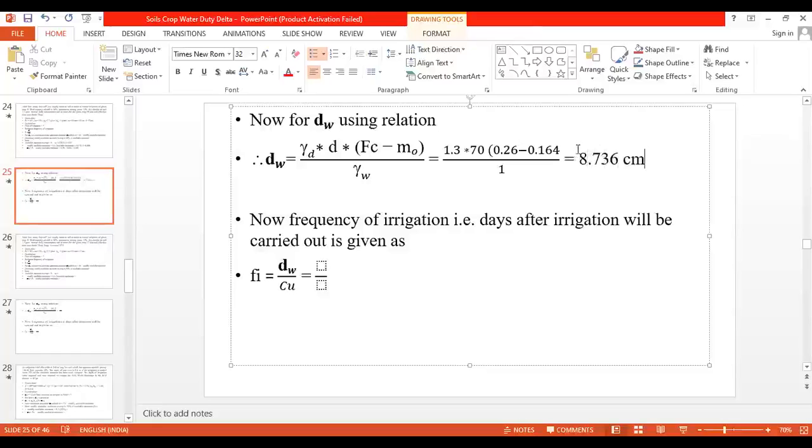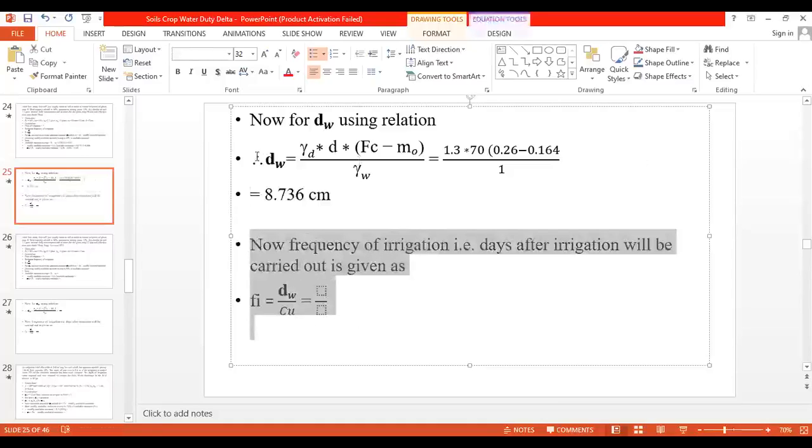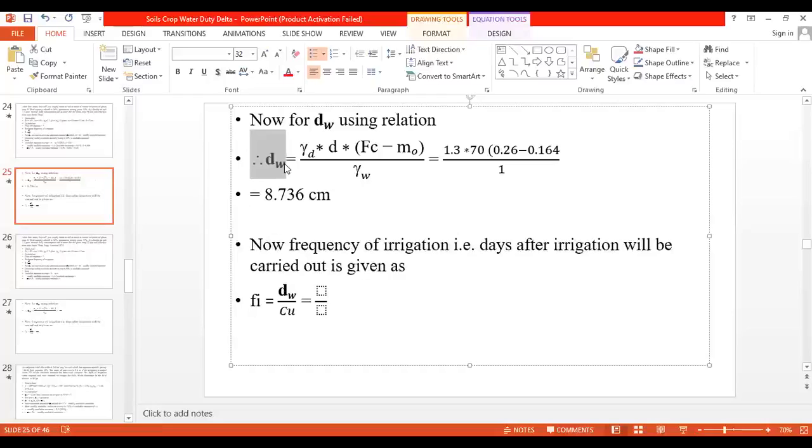I don't know the exact magnitude, but as per my calculations, I am getting the magnitude for dW as 8.736. Let's check it.